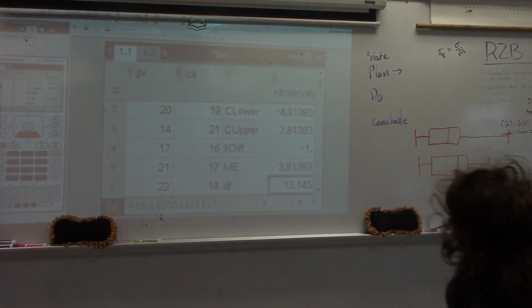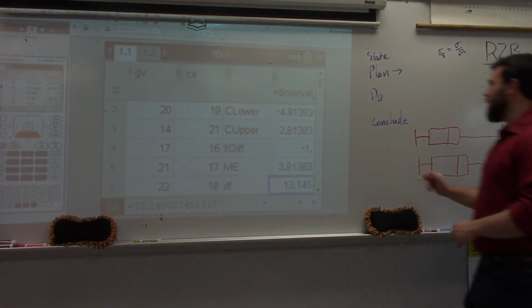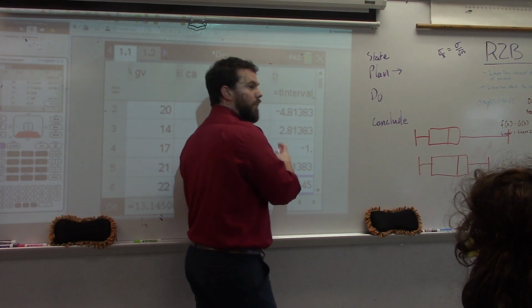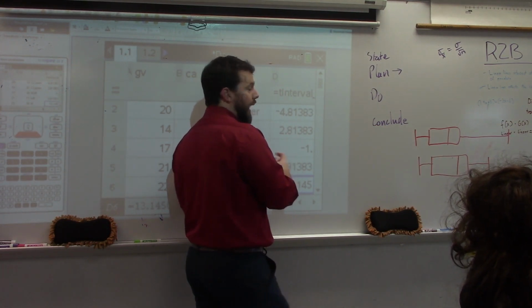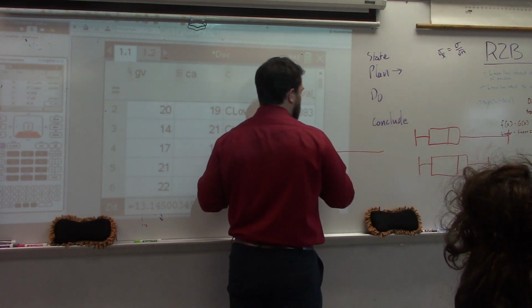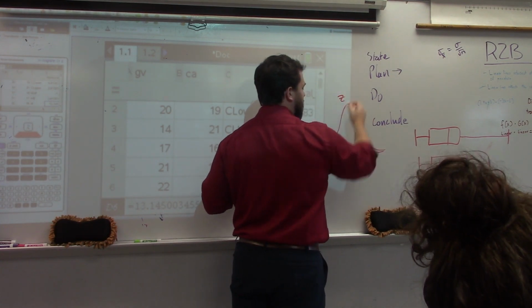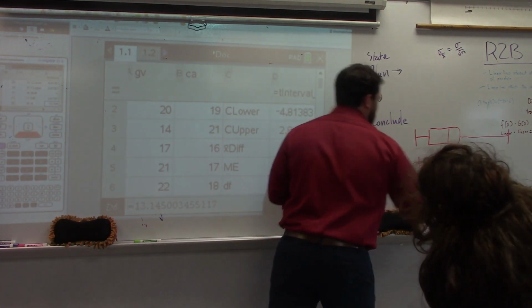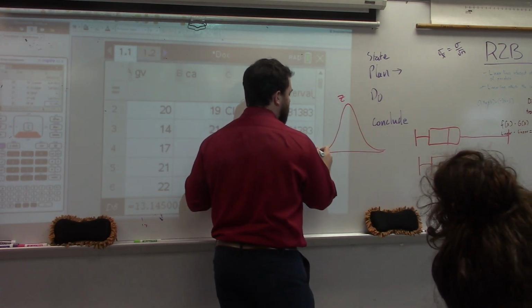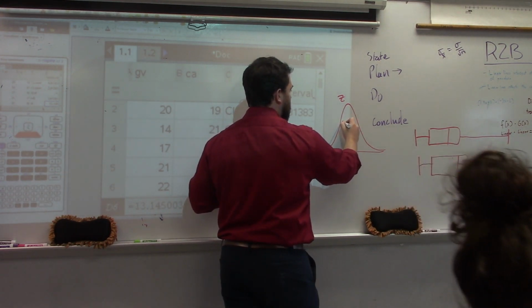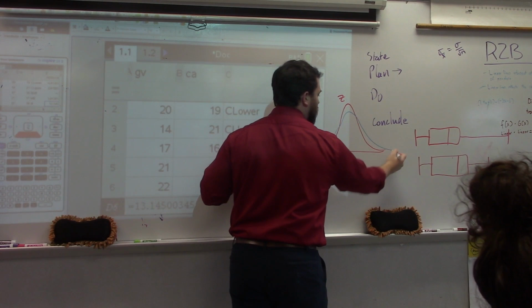But what is the degree of freedom for? So remember, first off, when we don't have the population standard deviation, we can't use a normal distribution. Let's say this is my normal distribution, my z distribution. We have to use a t distribution, which is a little bit wider.